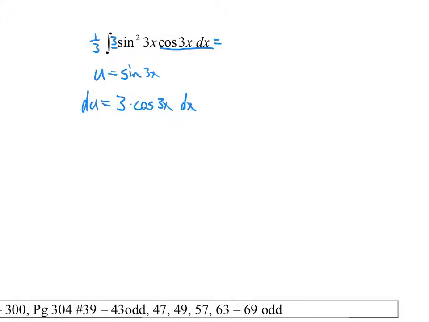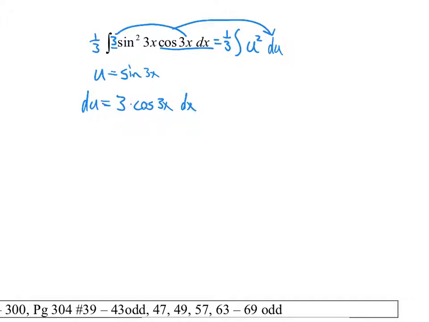We're multiplying by 1, but now we can see this combined with this is the du that we're looking for. And then we just have 1/3 times the integral of sine squared of 3x. Well, sine of 3x was u, so this is just u squared du.